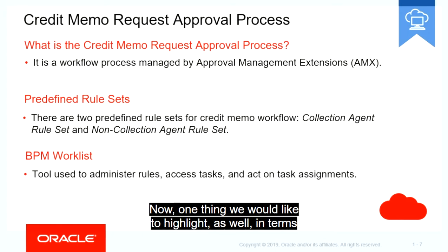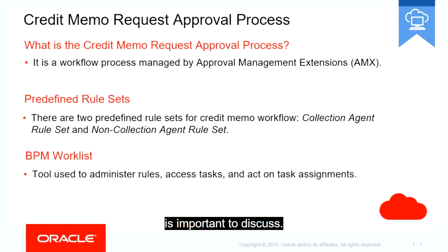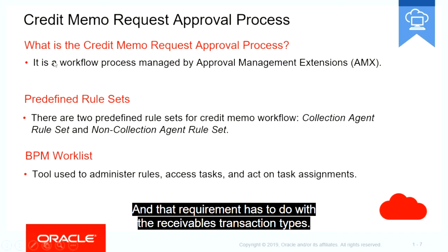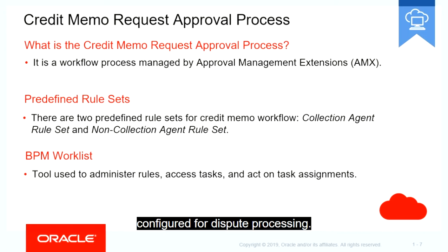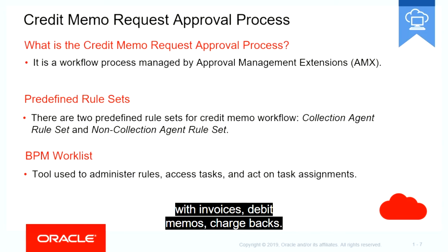Now, one thing we would like to highlight as well in terms of configurations is that there is another receivables requirement that is important to discuss. And that requirement has to do with the receivables transaction types. You need to make sure that receivables transaction types are configured for dispute processing. What does that mean? You have to assign a credit memo type to transaction types associated with invoices, debit memos, chargebacks.